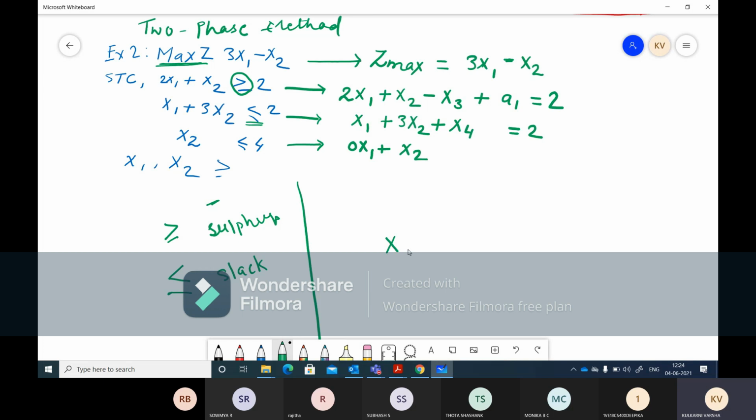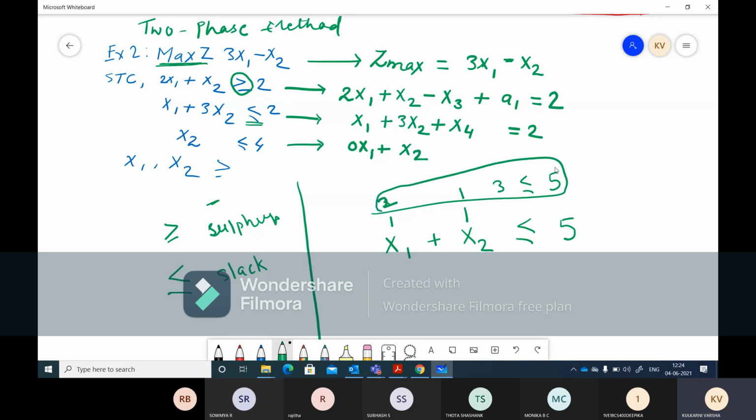If you have a condition like x1 plus x2 less than or equal to 5, and the value of x1 is 2 and the value of x2 is 1, then x1 plus x2, 2 plus 1, is 3, which is less than or equal to the right-hand side 5. So the condition is satisfied.